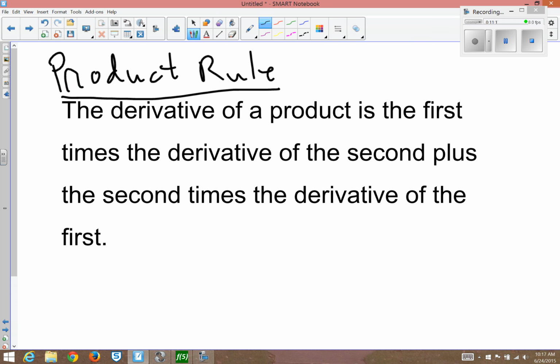You're going to want to memorize these words. You can write the product rule in symbols, but it's better to memorize these words.